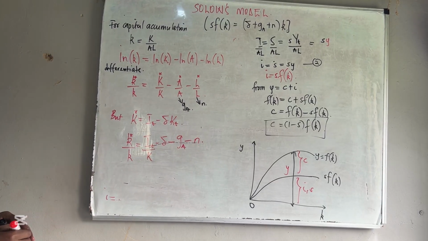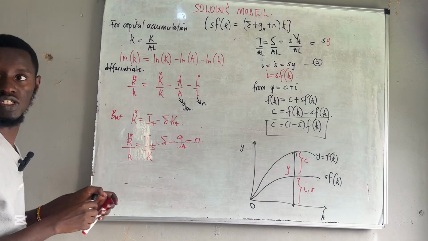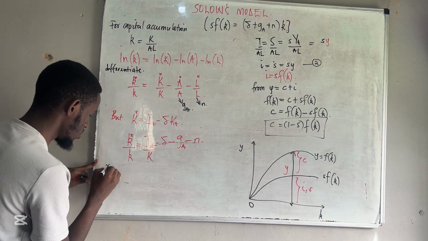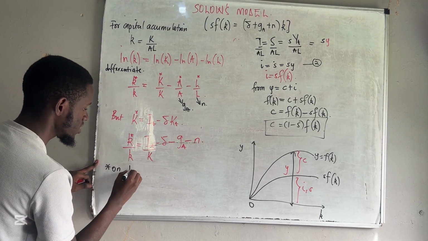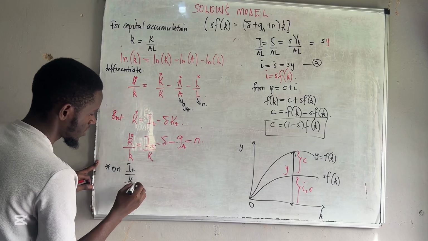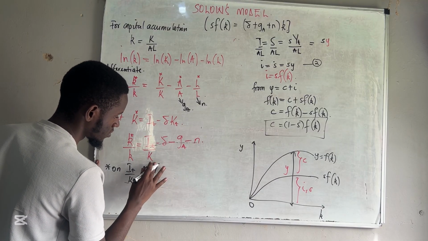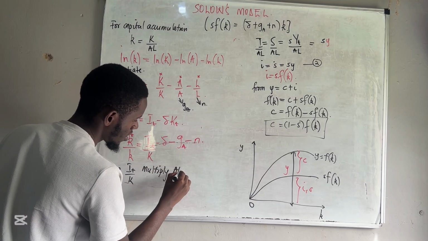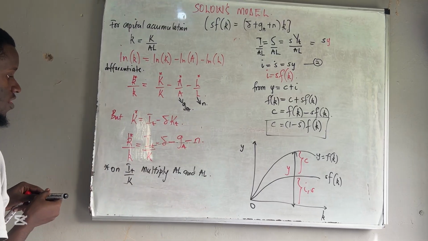Are we together? Now from here, at this step, let us be serious, and then we see how this step comes in. At this step, I'm going to multiply by AL and divide by AL, therefore I'll have nothing changed.